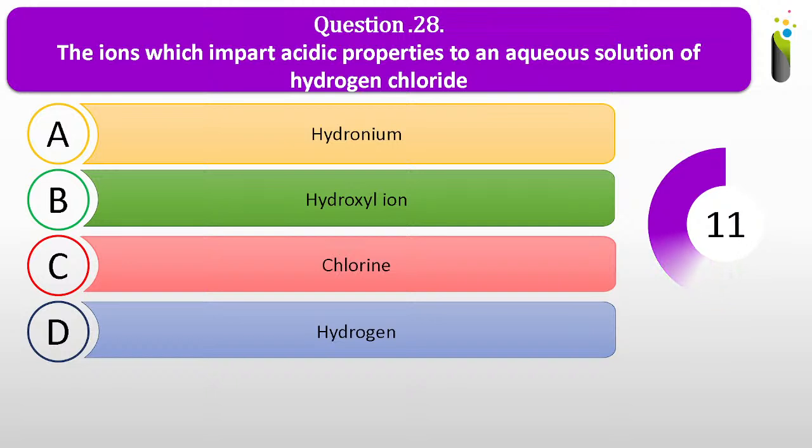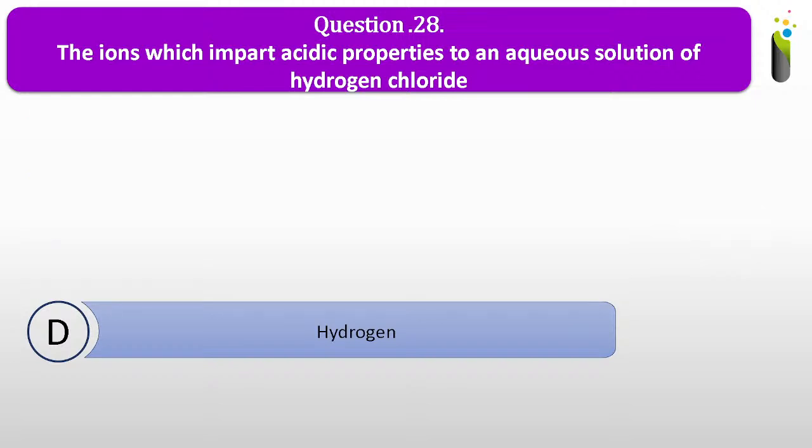So, the correct answer for question number 28. The ions which impart acidic properties to an aqueous solution of hydrogen chloride is hydrogen. Quite an easy question to answer.